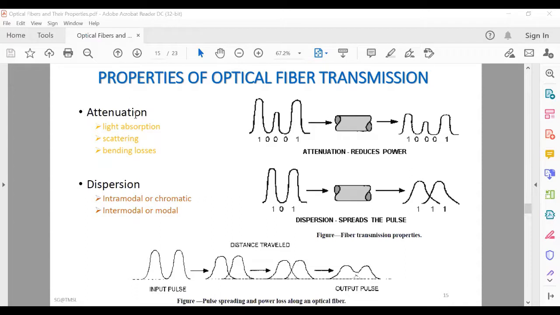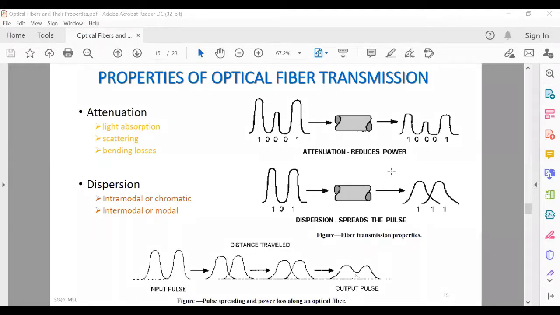Okay, so attenuation reduces the amount of optical power which is transmitted by the fiber, and it controls the distance an optical signal pulse can travel. That is shown over here.